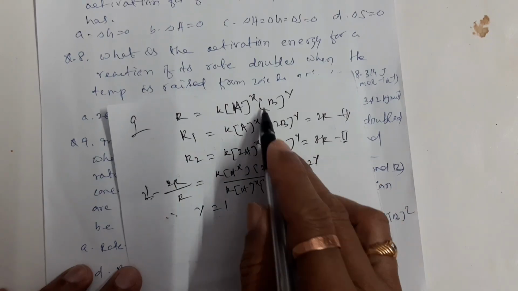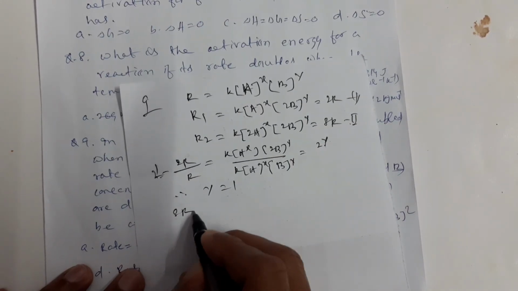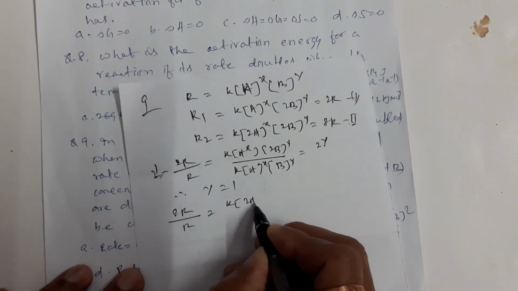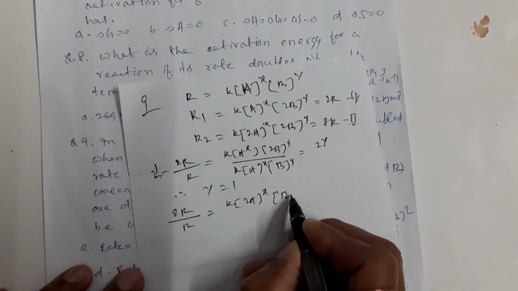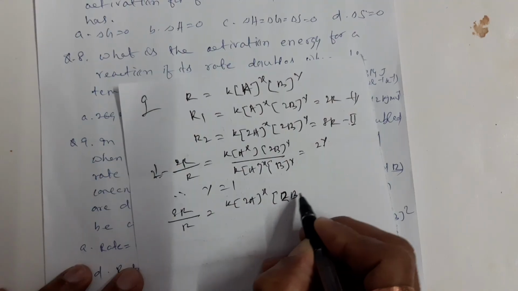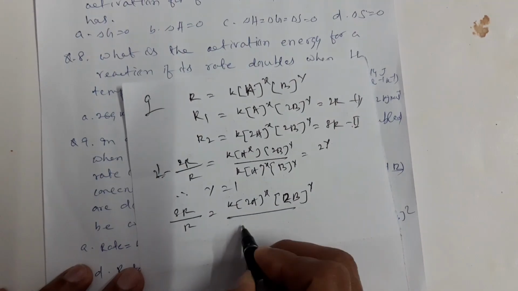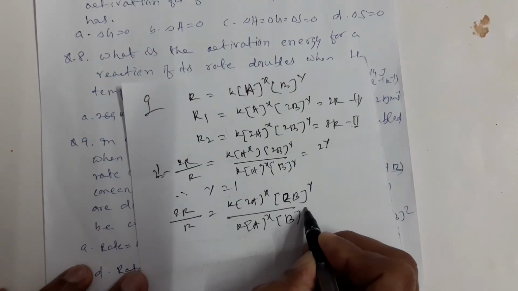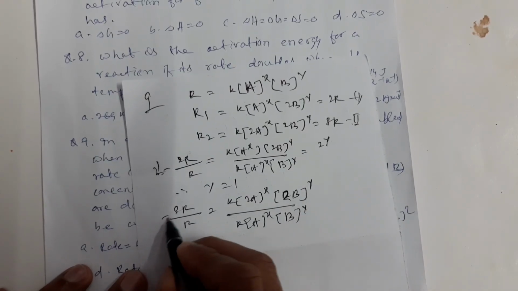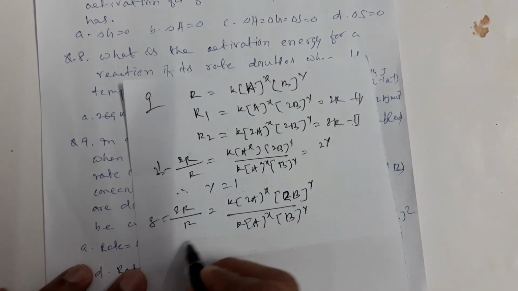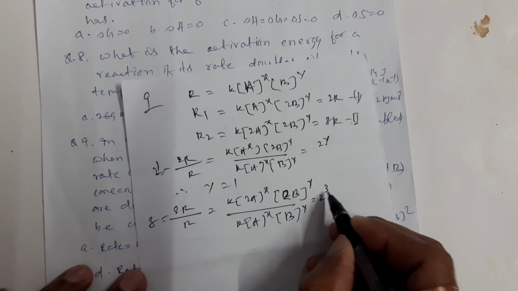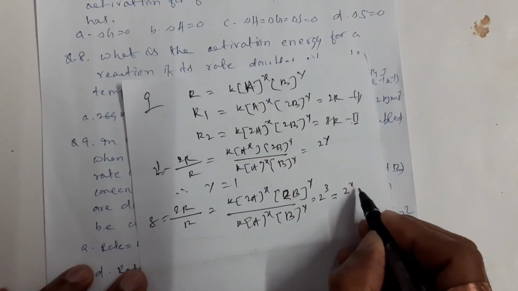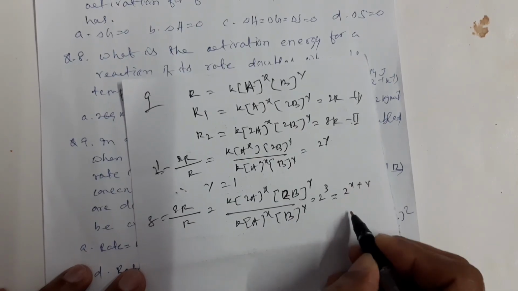By taking 2 and this 8R by R, you will get K 2A to the power x 2B to the power y by K A to the power x B to the power y. So here you will get 8, that is 2 to the power 3, and this is 2 to the power x plus y.